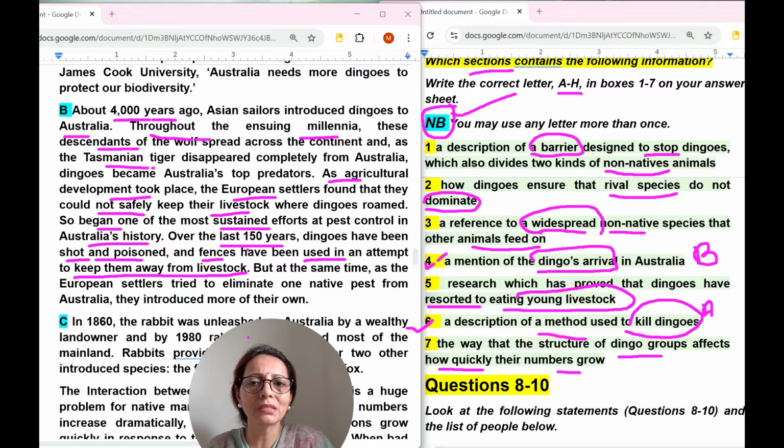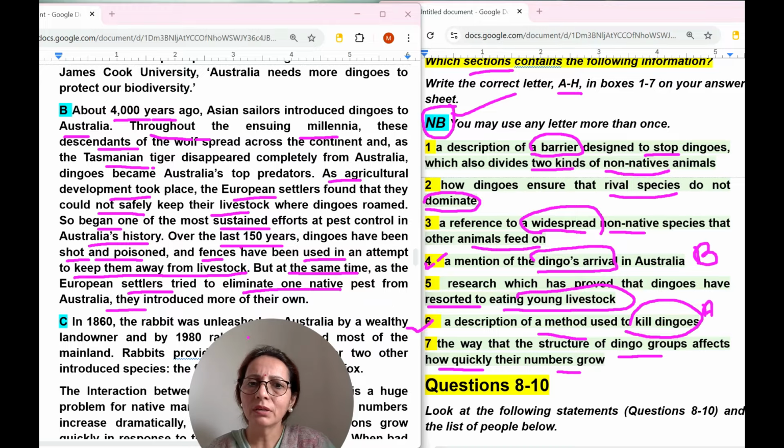Okay, fences, kind of word. But at the same time as the European settlers tried to eliminate one native pest from Australia. Okay, so here they are talking about how to stop dingoes. A description of a barrier designed to stop dingoes. Yes, it is clearly given, which also divides two kinds of non-native animals.